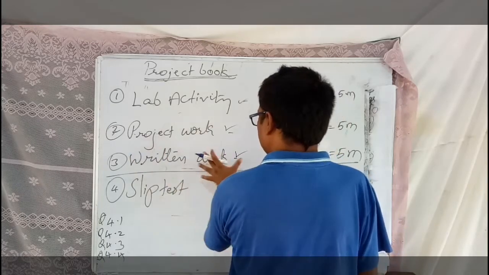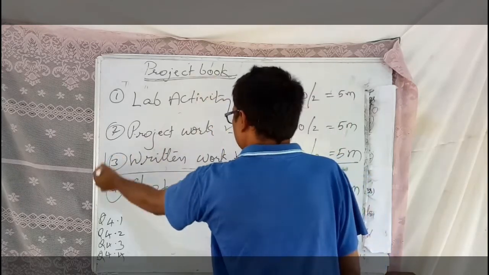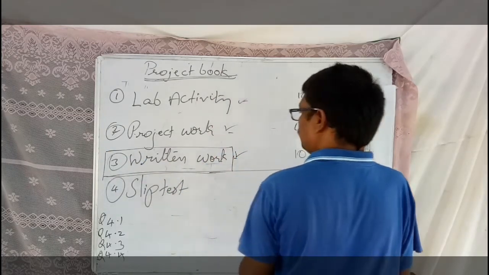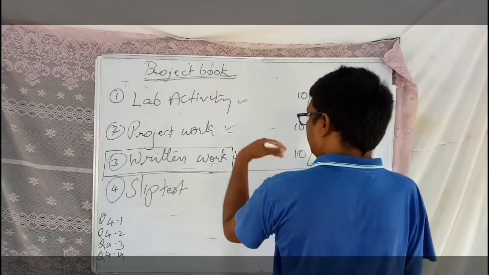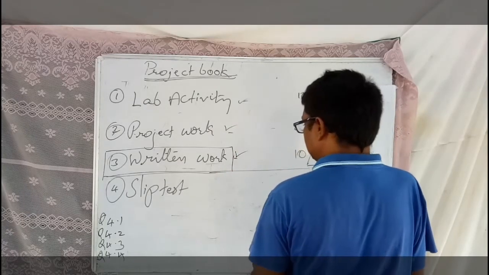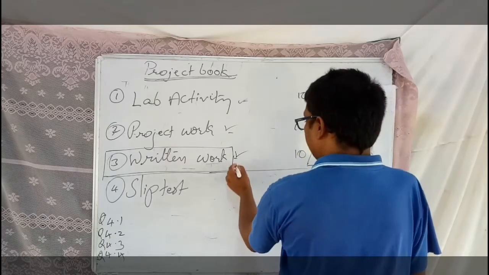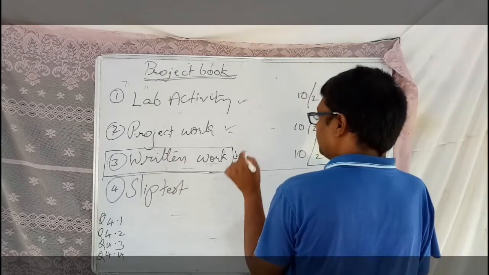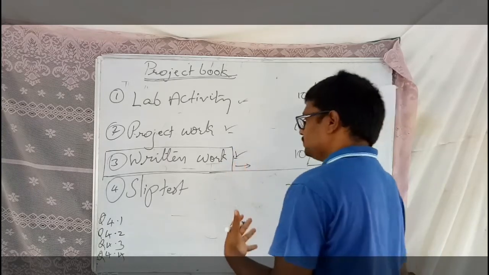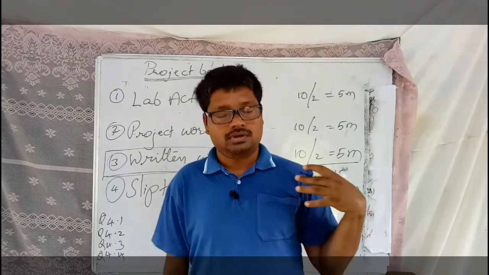You don't write this written work in the project book, but this is shown. Your written work means the lessons, your notes: first lesson, second lesson, third lesson notes, right? That written work should be presented. But here I am only asking to show the index page of your notebook.